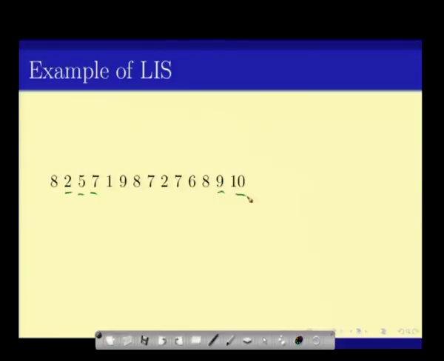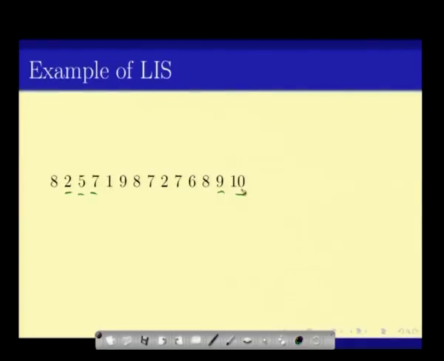Note that the earlier one had a length of 4, that means I had picked up 4 symbols, so the subsequence length was 4. In this case, I have picked up 5 symbols and the subsequence length is 5. So, the goal is to find the longest increasing subsequence.